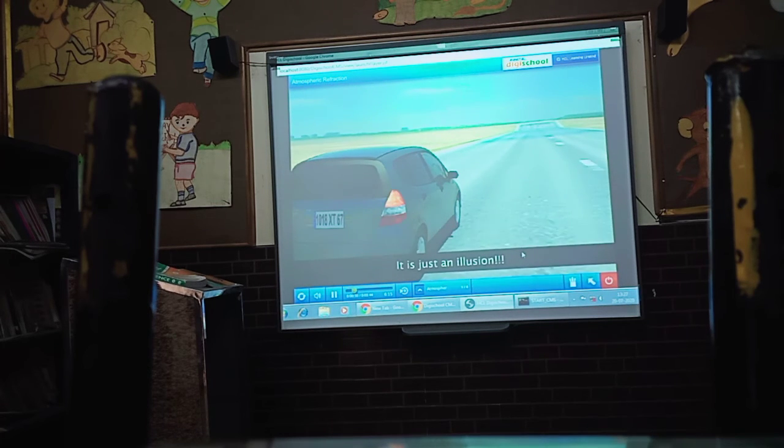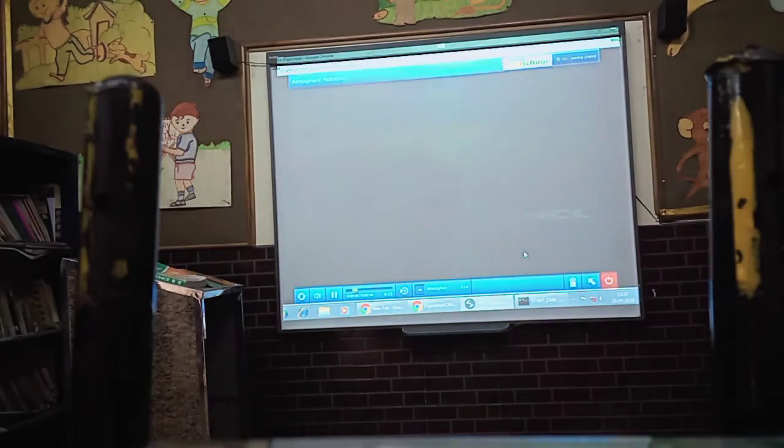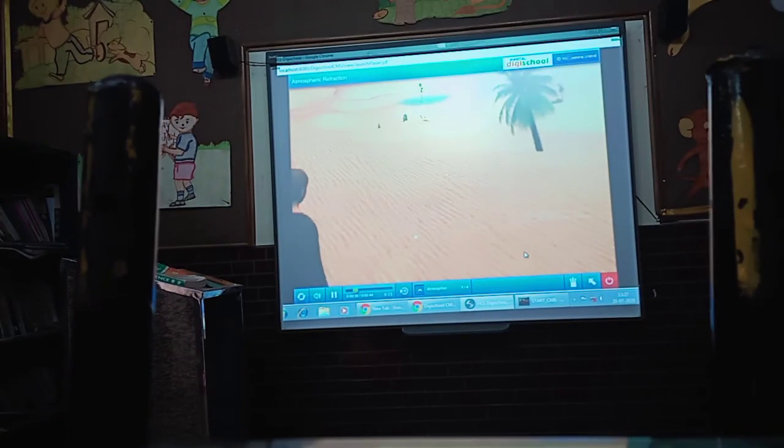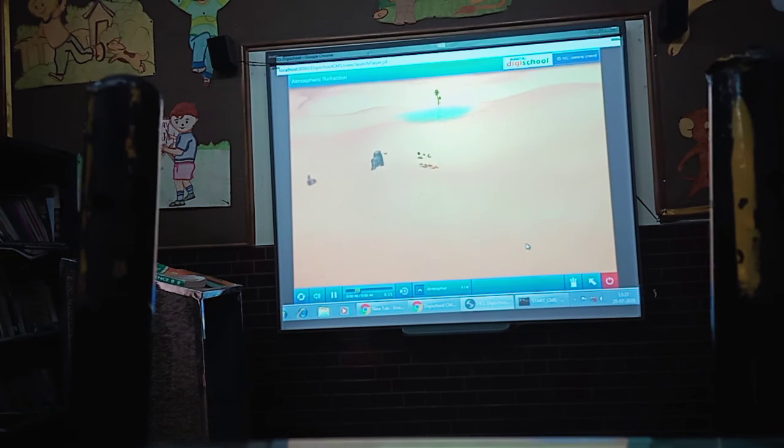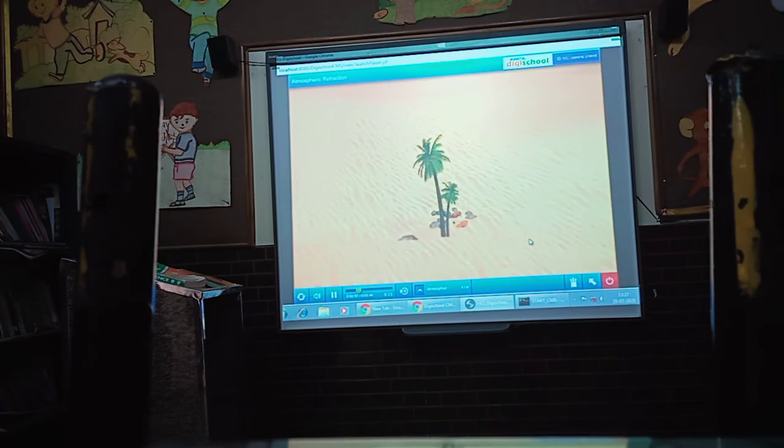There is no water there. It's just an illusion. A man sees the reflected image of a distant tree and thinks that there must be water near the tree. When he gets near, he finds the water is not there and he's been deceived. How does it happen?